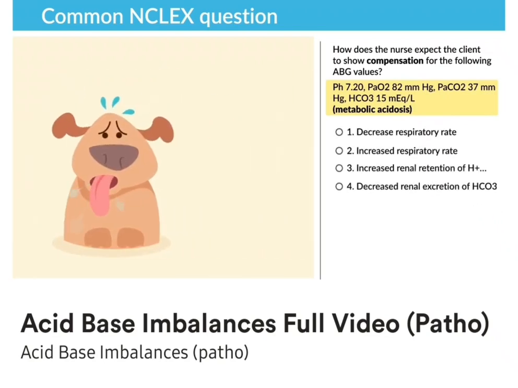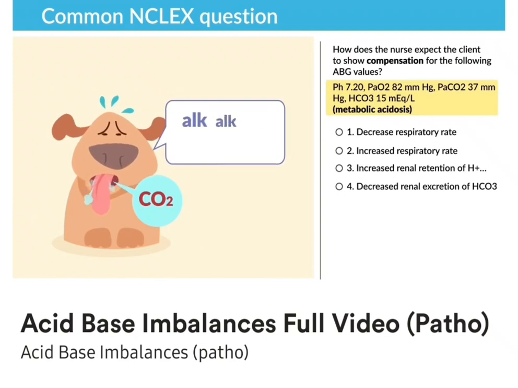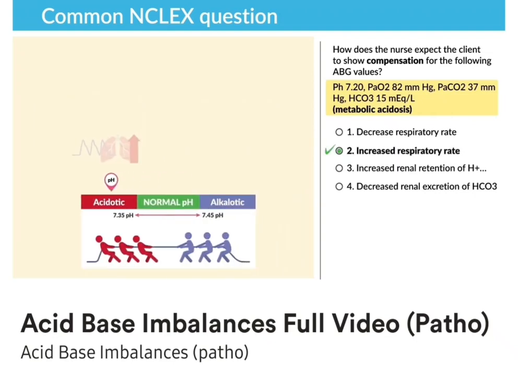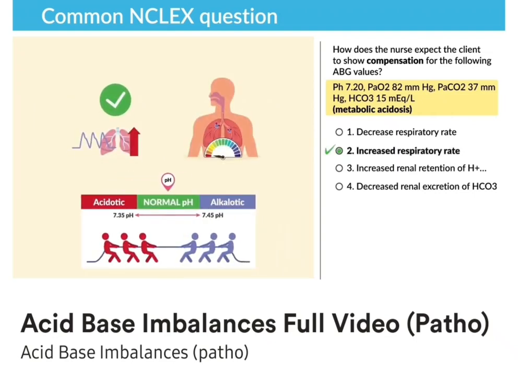They need to go into alkalosis. They need to breathe faster, hyperventilation. So the correct answer is to increase the respiratory rate to blow off all that acid, that carbon dioxide. Decreasing the respiratory rate would lead to more acidosis. So option 2 is correct.